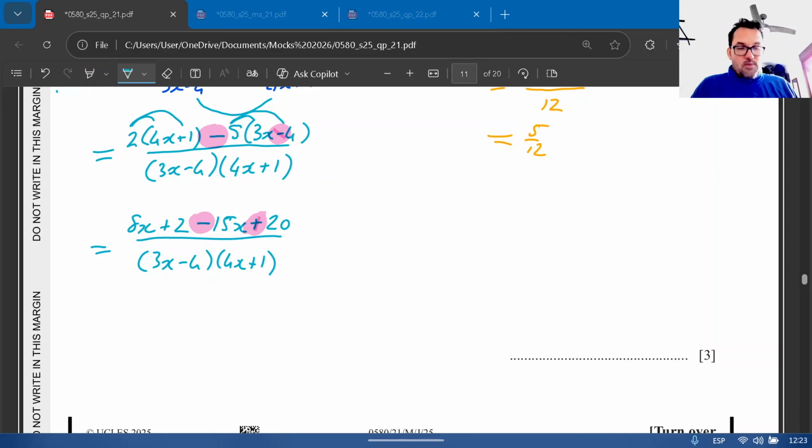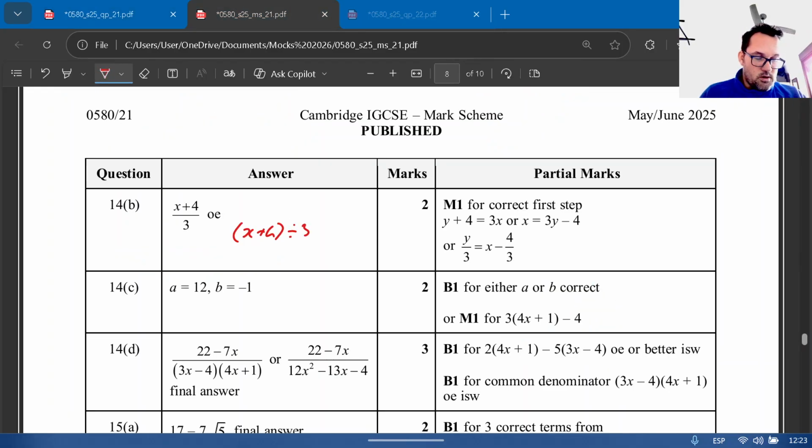Okay, now we've got the final answer. We leave the bottom the same. 8x minus 15x is minus 7x. And 2 plus 20 is plus 22. Or 22 minus 7x, they like to swap around the answer.